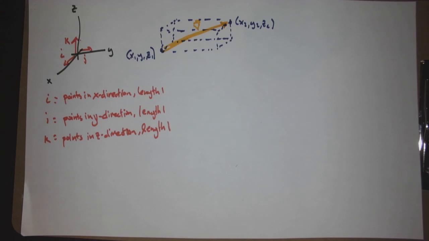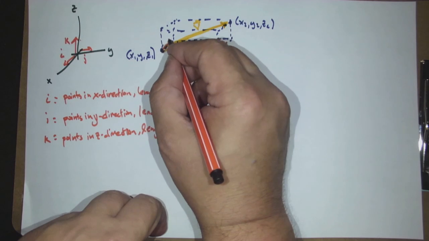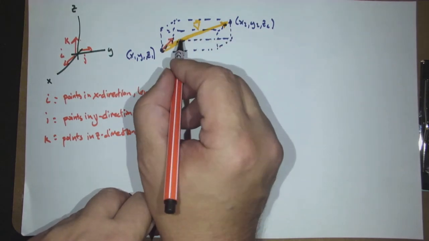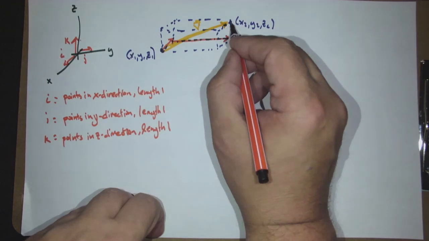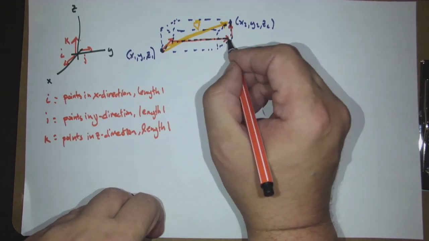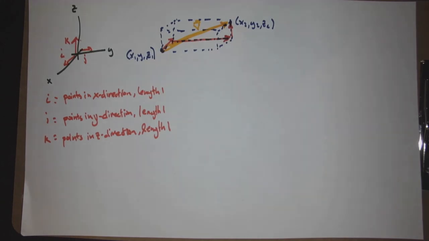Here's one way to do it. We'll move purely in the x direction. Then we'll move purely in the y direction. And then we'll move purely in the z direction. So I really break it into three steps. Only x, only y, only z.